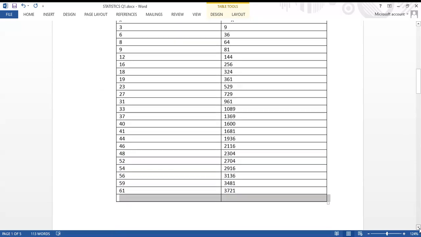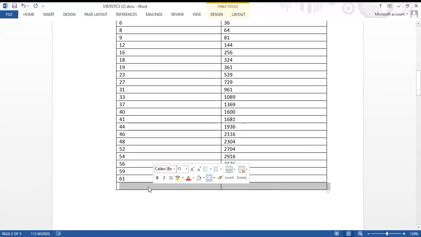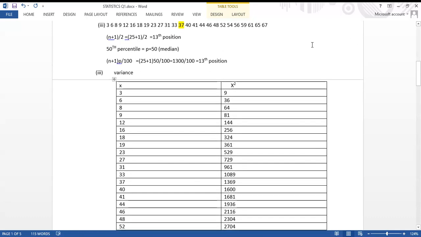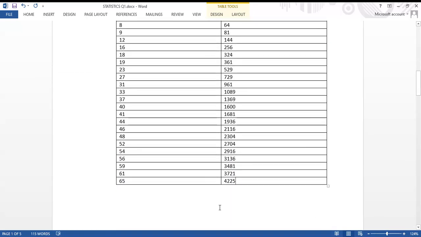Yes, correct. Okay, then we have 65 squared. 4225. All right, and finally we have 67 squared. 4489.